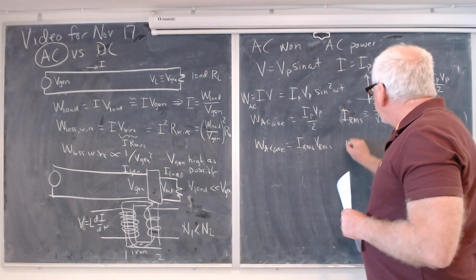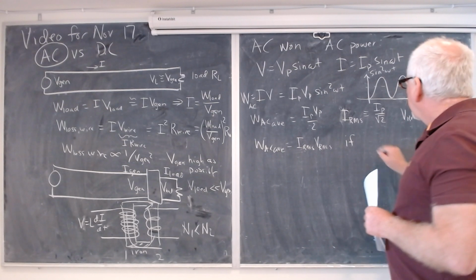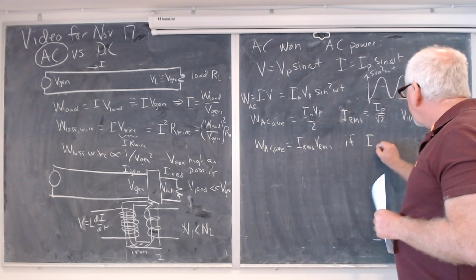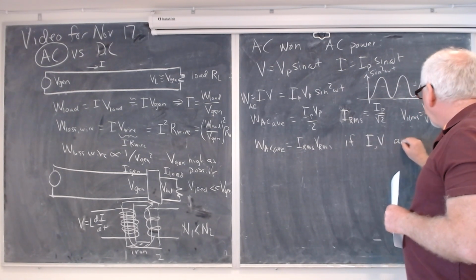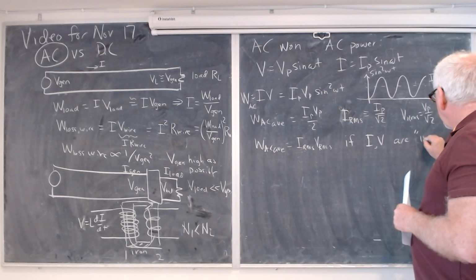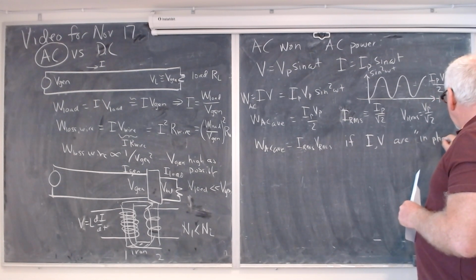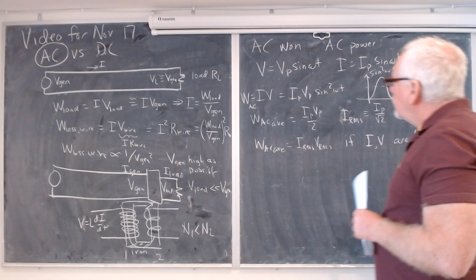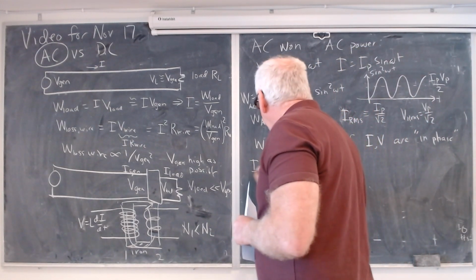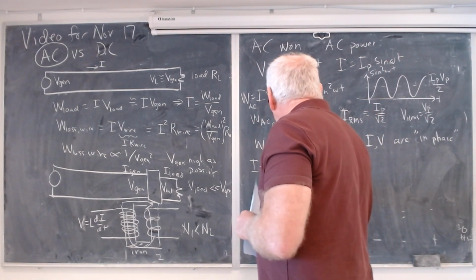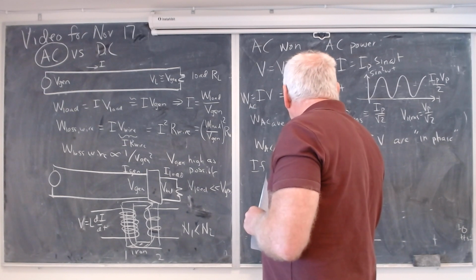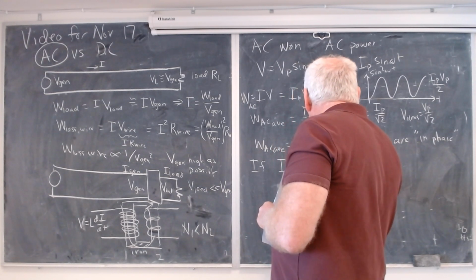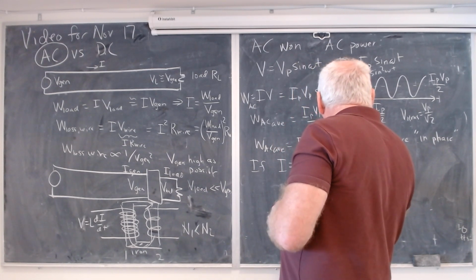Okay, now that is if I and V are in phase. All right, if instead I is equal to I peak sine omega t plus phi.